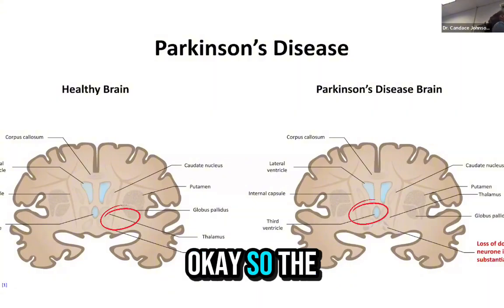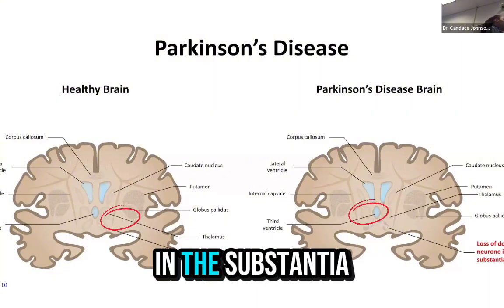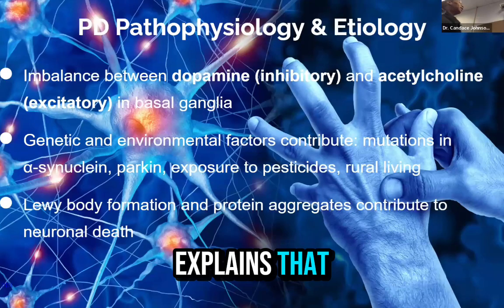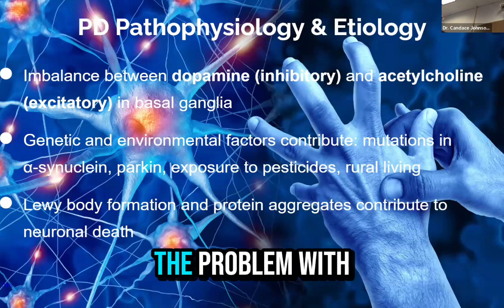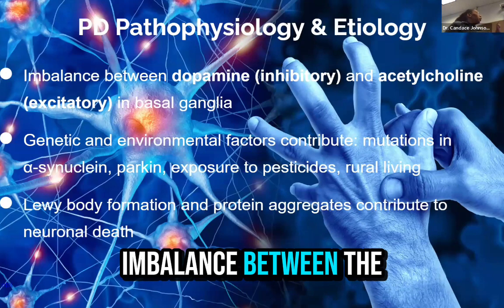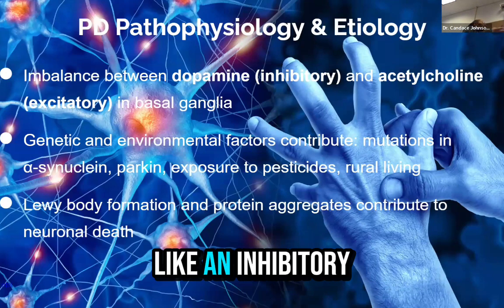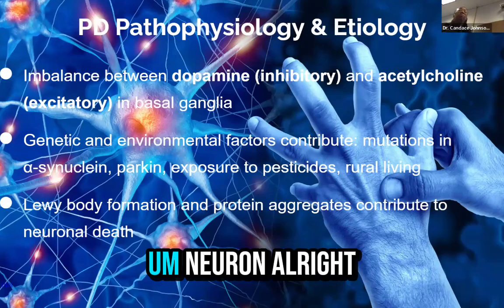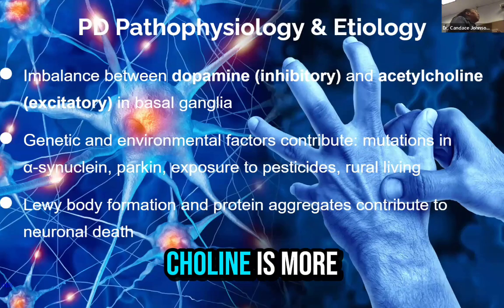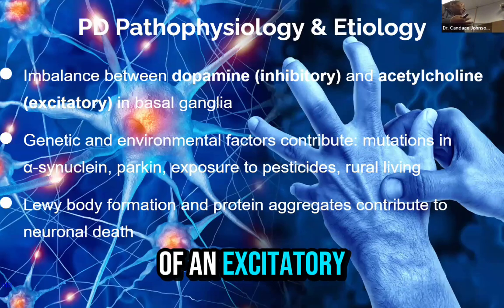damage. So the dopaminergic neurons are in the substantia nigra, and this diagram explains that. The problem with Parkinson's is that we get an imbalance between the dopamine, which is like an inhibitory neurotransmitter, whereas acetylcholine is more of an excitatory neurotransmitter.